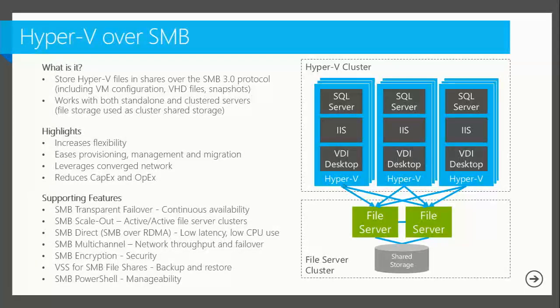First question I get asked, oh, is this for backups? Is this for the library? No. This is for the running VHD files. This is for your configuration. This is for your snapshots. This is for your live VMs.